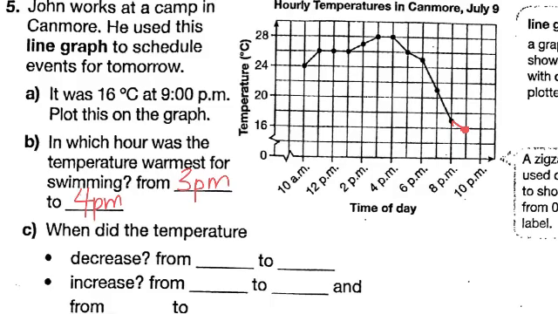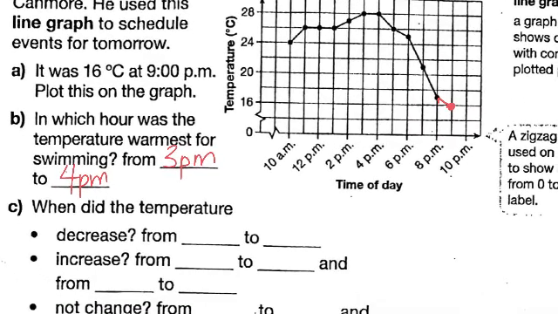When did the temperature decrease? Well, it started to decrease from, and we're taking a look, from 4 p.m. all the way to 9 p.m. when it was last recorded. When did it increase?